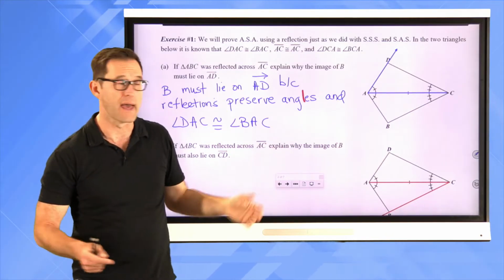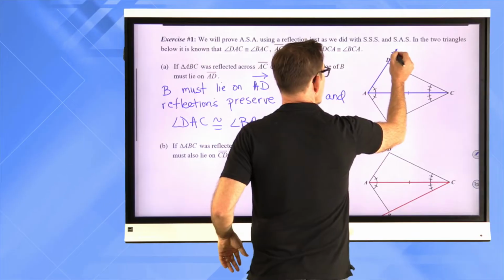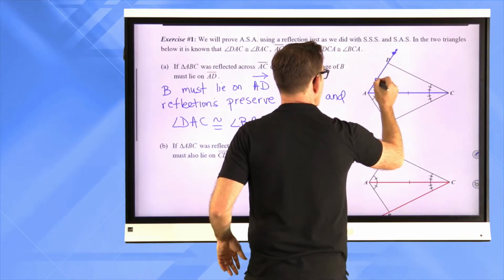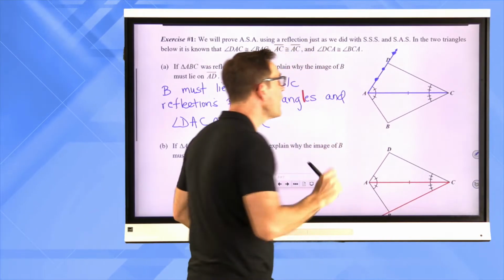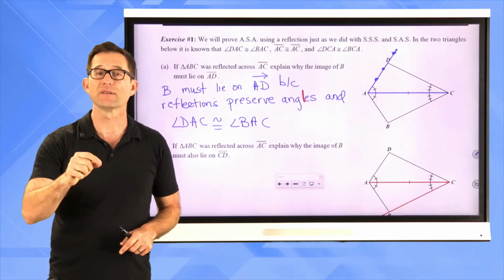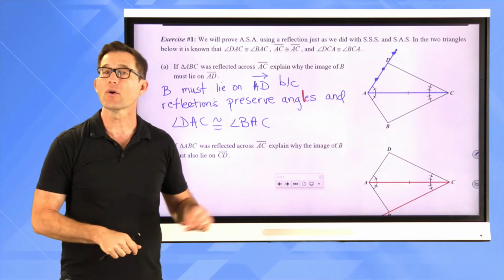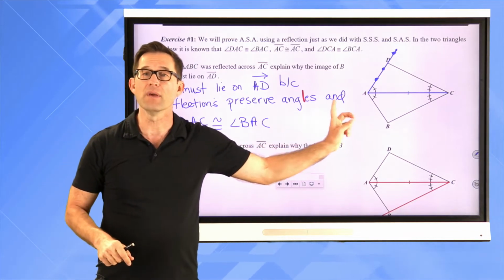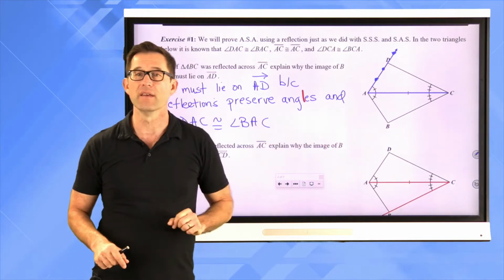Now keep in mind again, B could be up here, B could be down here, B could be up here. We don't know because unlike the side-angle-side theorem, which we justified in our last lesson, here we don't know the length of AB compared to the length of AD.